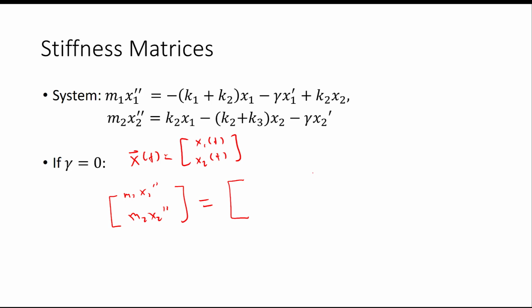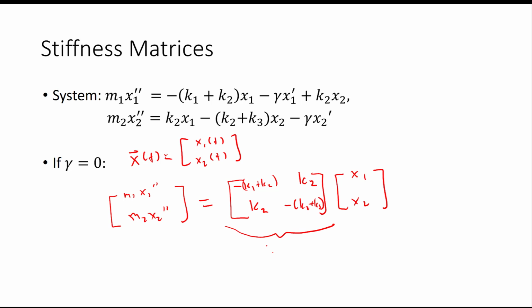And on the other side, we can factor out x1 and x2, and we're left with coefficients negative k1 plus k2, k2 in the first row, and k2, negative k2 plus k3 in the second row. This matrix right here, which we'll call K, goes by the name of stiffness matrix, because it basically summarizes how stiff all the springs are within our system.